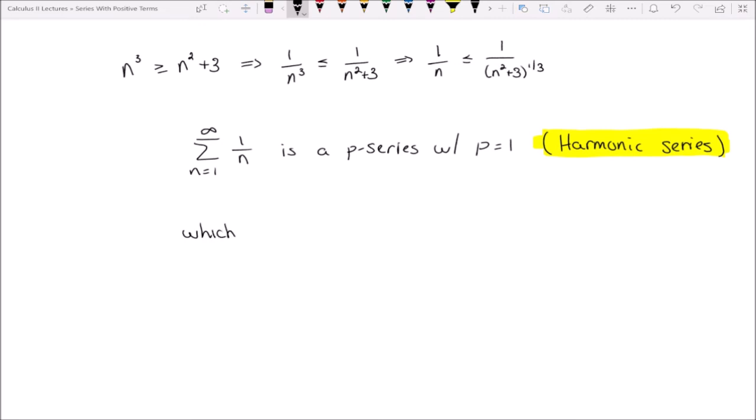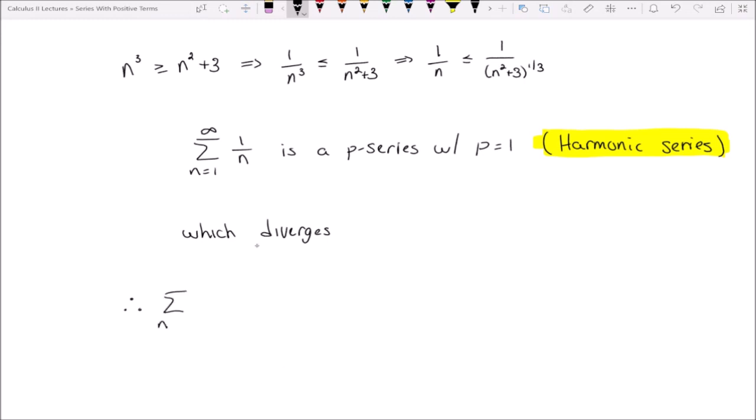Well, this diverges, right? A p series converges if and only if p is greater than 1. So we found a smaller series that diverges.